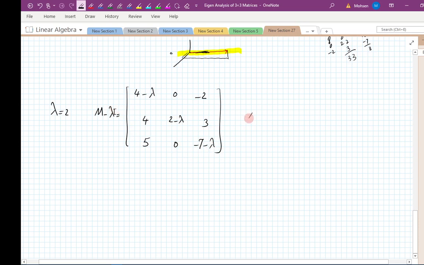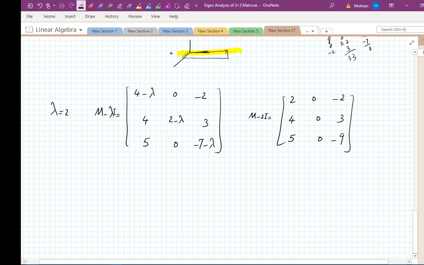So M minus 2 is going to be 2, 0, minus 2, 4, 0, 3, 5, 0, and this will be minus 9, I believe. What is the eigenvector of that one?